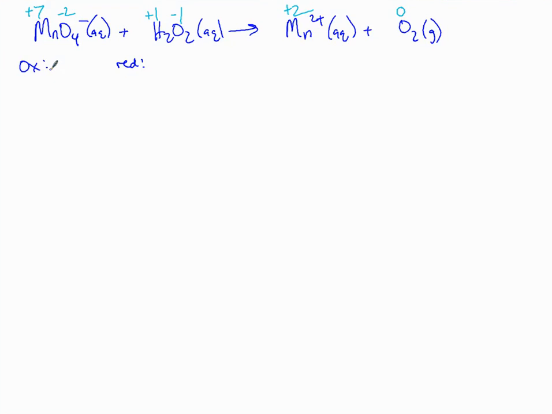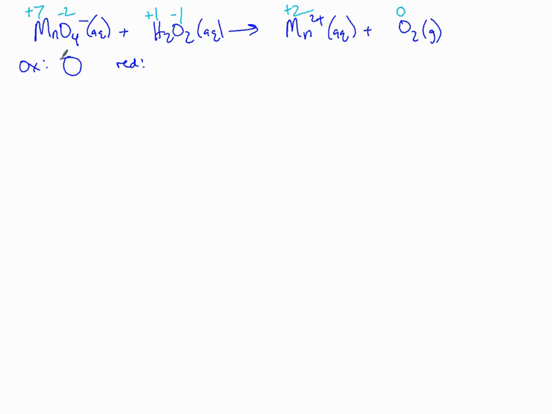The one oxidized lost electrons, which means its oxidation number becomes more positive. So we have something becoming more positive. There'll be oxygens which are negative, becoming more positive, which is 0. That means they lost electrons.